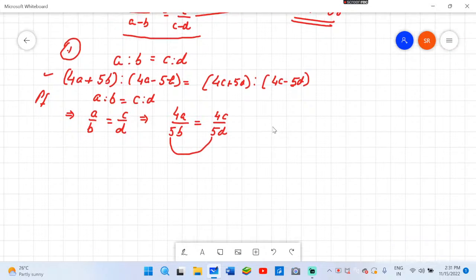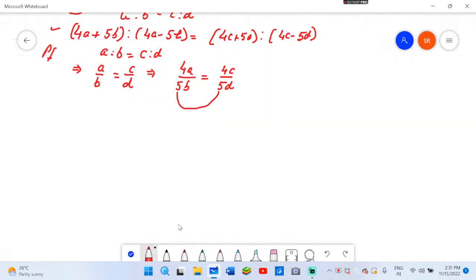Now what I do, I apply the property. What is the property? Componendo and dividendo.